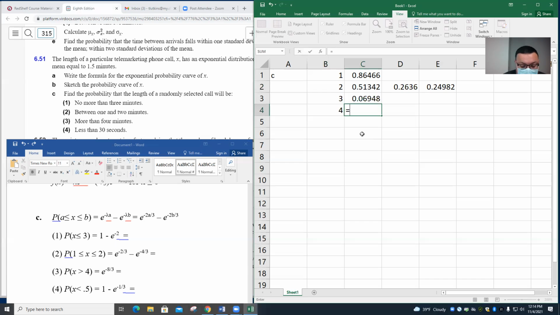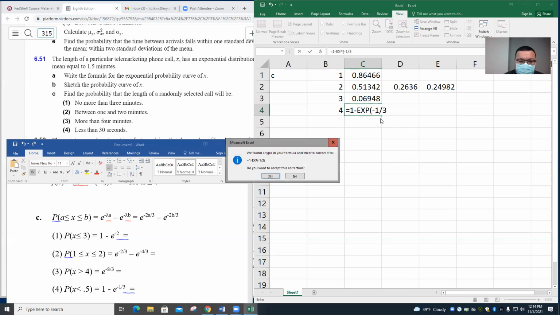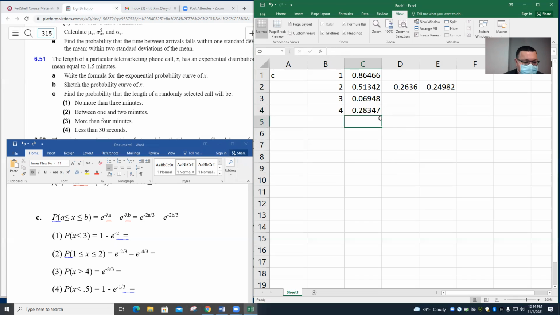So over here, I'm going to do equals 1 minus EXP, and our number is -1 divided by 3. And we get 0.28347, or rounding to the 4th decimal place, 0.2835.